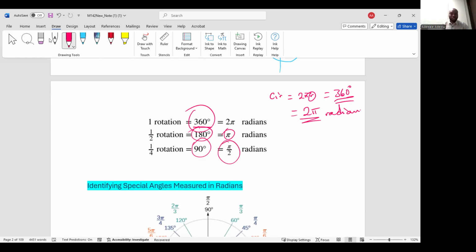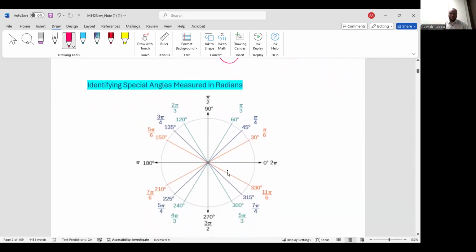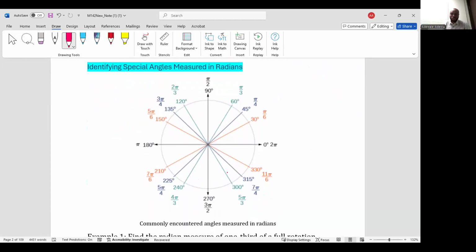So the quick thing to learn here is that one full rotation is 360 degrees in the degree world, which is the same thing as 2 pi radians. So you can do whatever you like: 1/2 of a full rotation, 1/4 of a full rotation, 1/3 of a full rotation. You can move back and forth together. You will be seeing a lot of something like this as we progress in this class.